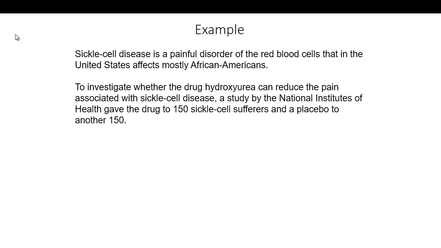So I'm going to describe to you what a placebo is in a bit. Basically, 150 of them received the drug and 150 of them received a fake drug. That is a kind of sugar pill that's not really the drug, so that the subjects don't know whether they got the drug or not.